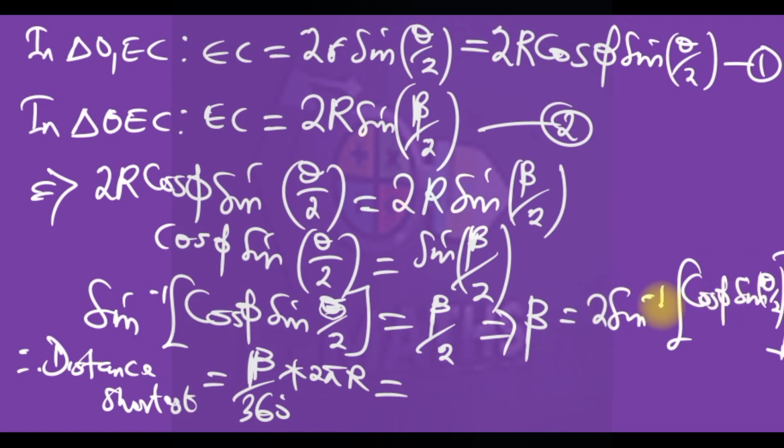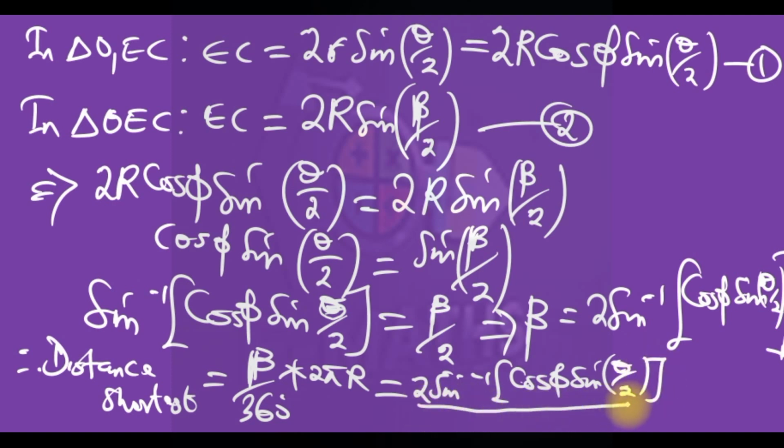But we've derived beta in terms of phi and theta as 2 arc sine of cos phi sine theta over 2, over 360 times 2 pi r. So we can simplify.